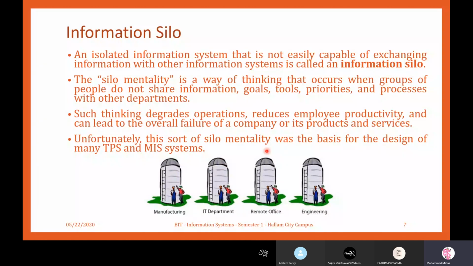So an isolated information system that is not easily capable of exchanging information with another information system is called an information silo, right? One unable to share something with the other, that kind of situation we call an information silo. So the silo mentality is a way of thinking that occurs when groups of people don't share information, goals, tools, priorities, and processes with other departments.